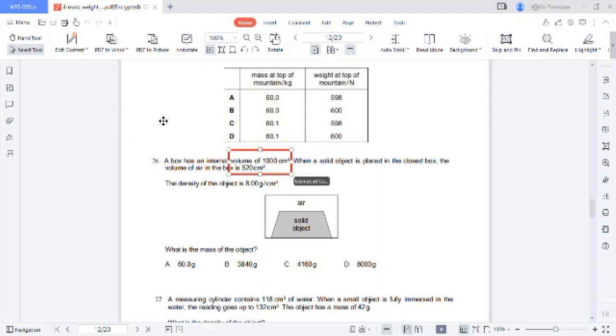Like this object is placed inside. Now here is the air in this region, and it's a solid object. And this remaining portion is air.